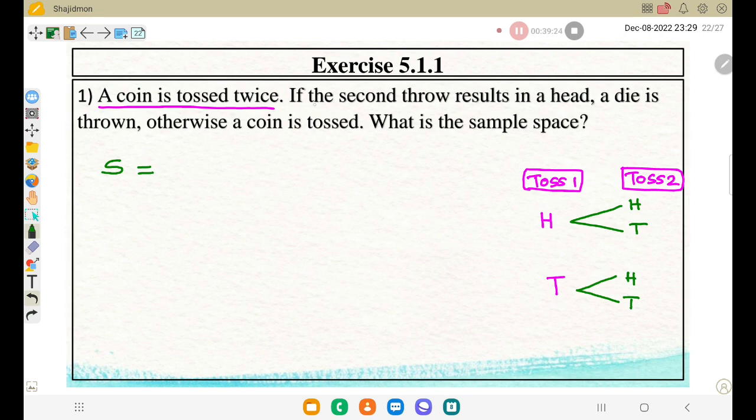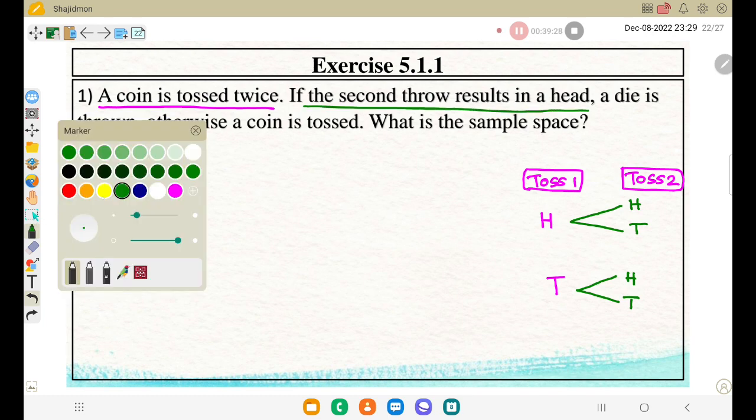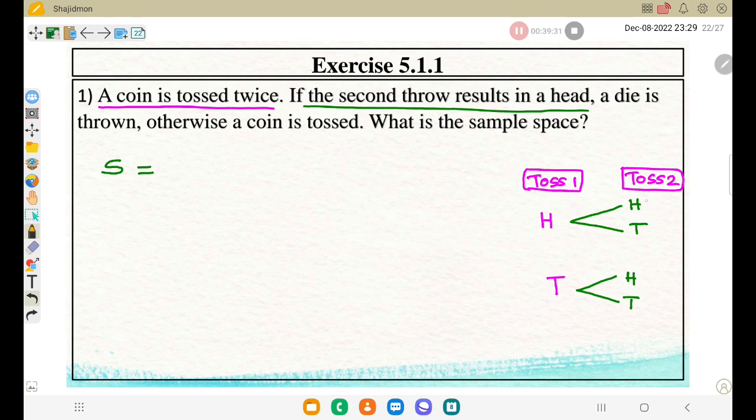Now we can read the question. If the second throw results in a head, a die is thrown. If you go to the head option, you need to throw a die, correct? If you throw a die, what are the options that will come?